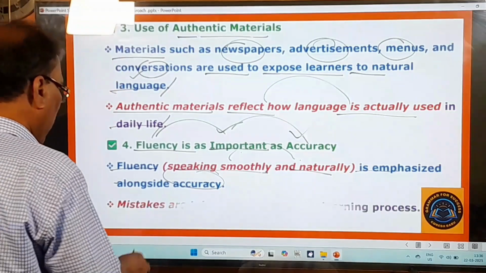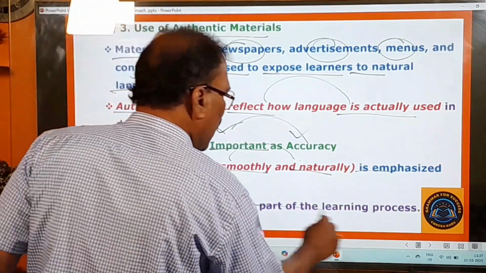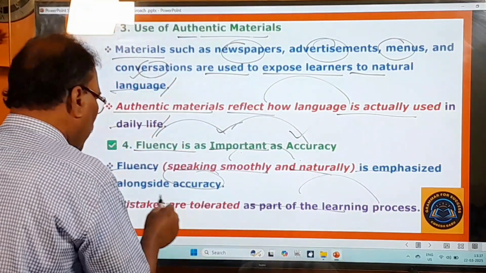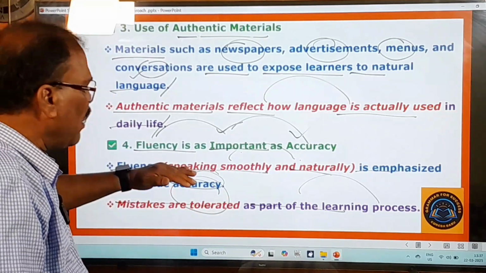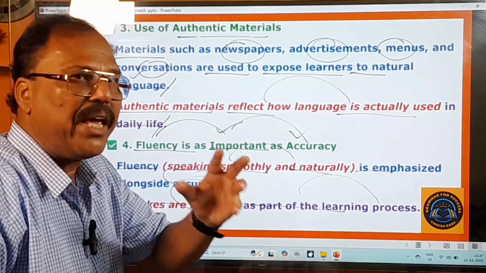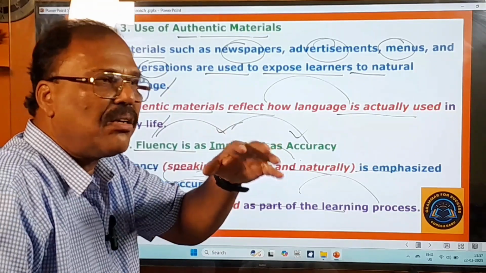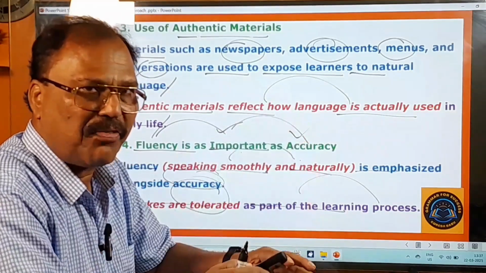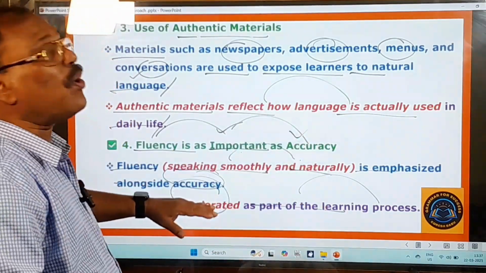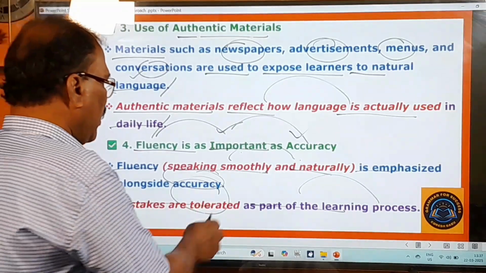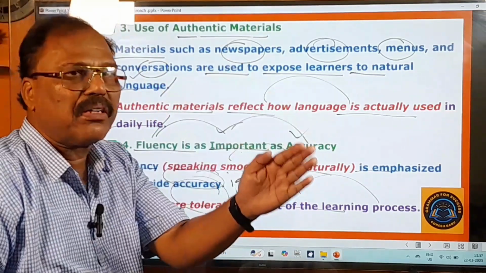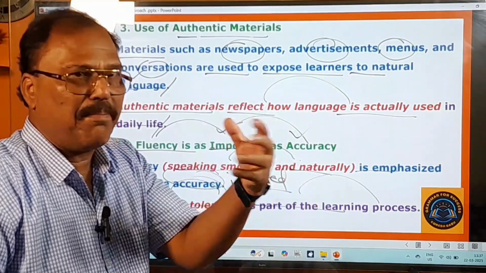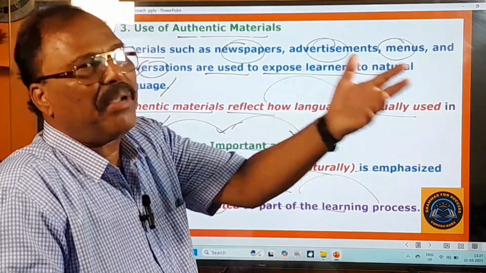And here you pay attention. Mistakes are tolerated as part of the learning process. So here in this CLT, if the learners or the students make mistakes, those mistakes are not corrected then and there or on the spot, but they are just tolerated, ignored. Because if you stop the learner while speaking because of some mistakes, he may not complete the remaining sentence.